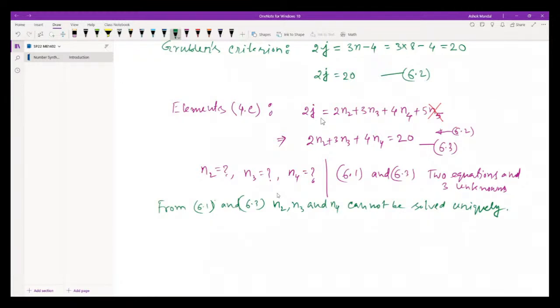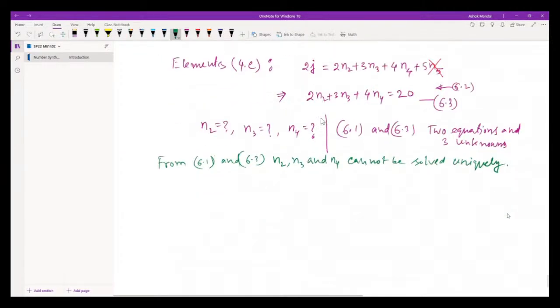So either you use 2 or 3. This way the number of solutions is not infinitely many. That is restricted. Another restriction is there: how many n2 should be there? In a mechanism, we discussed how many binary links should be there.